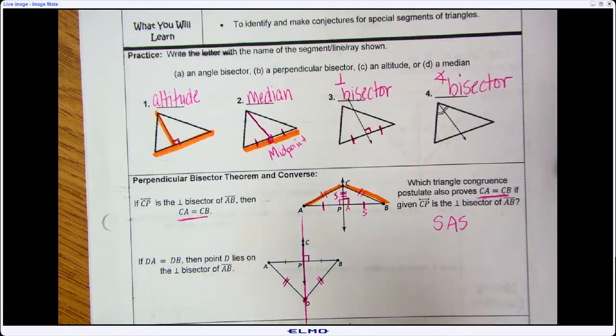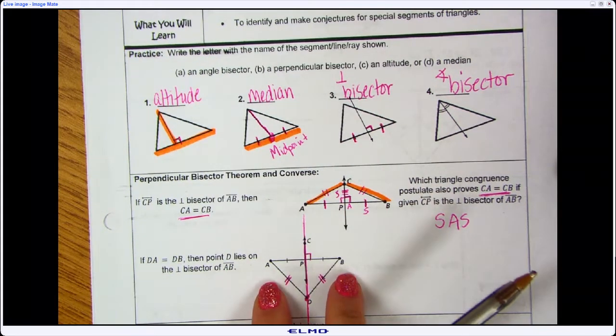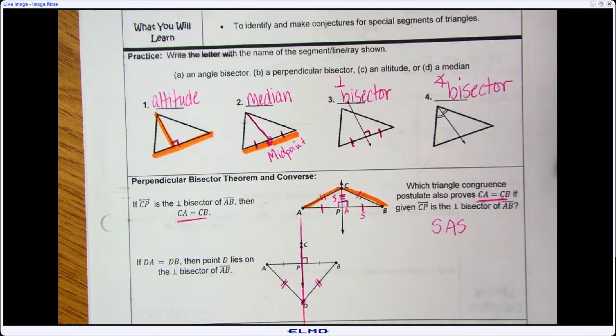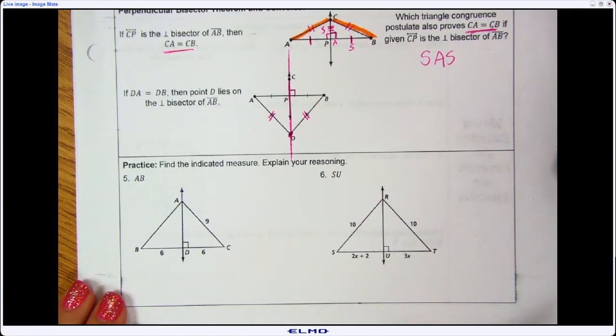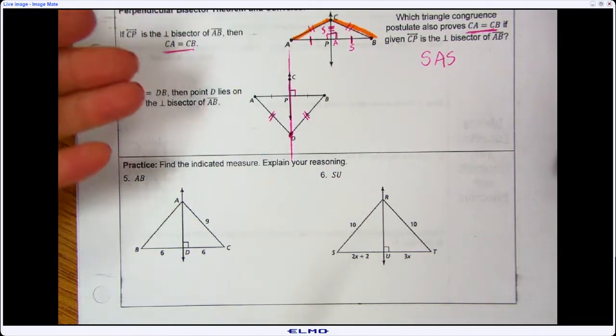So therefore, if CP is the perpendicular bisector, then these two sides will be equal. And if these two sides are equal, in other words, an isosceles triangle, then this is the perpendicular bisector. Okay, so using that thought process when you're looking at a picture trying to solve a problem algebraically, then you're going to use those two theorems.